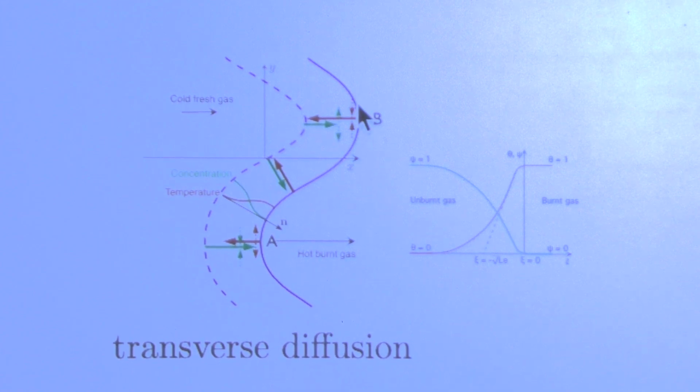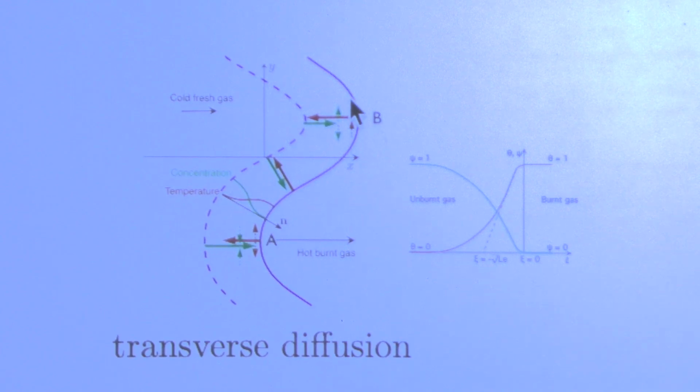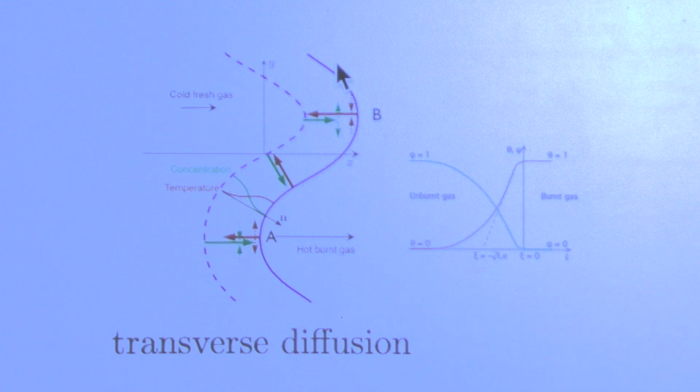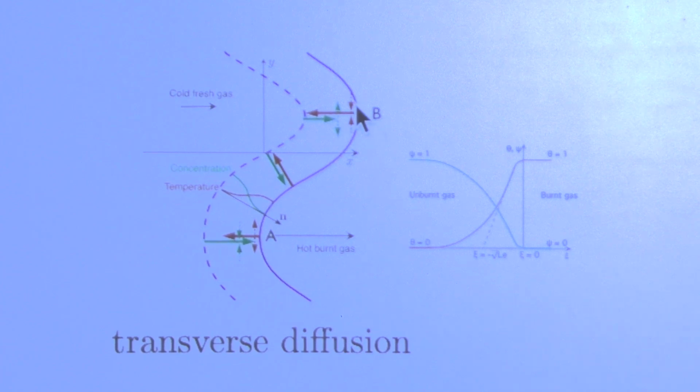You see, in red, you have the temperature, the flux by conduction. In green, in that direction, you have the diffusion of species that is going to decrease the limiting species that is going to burn, because you diffuse it.